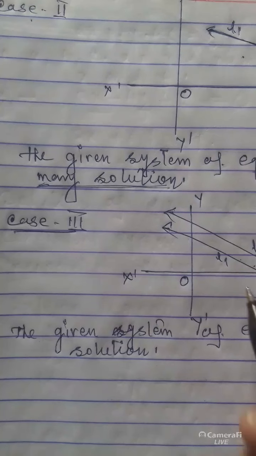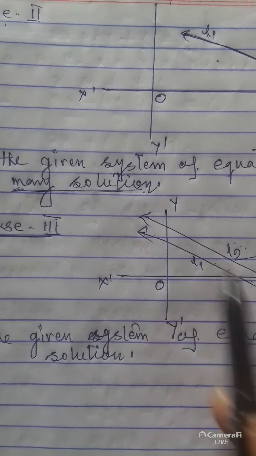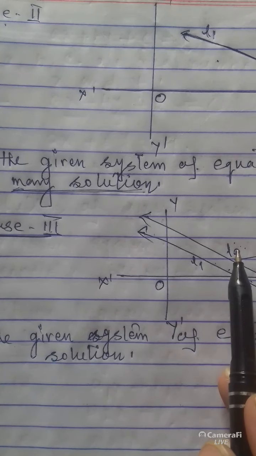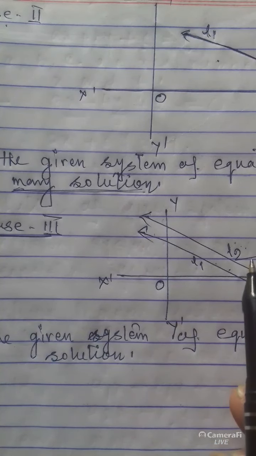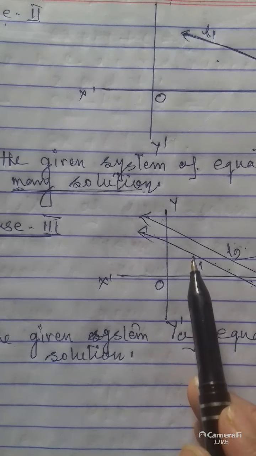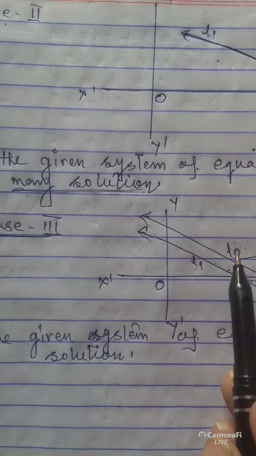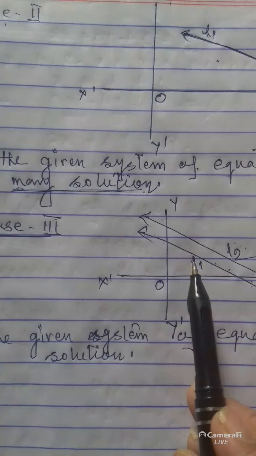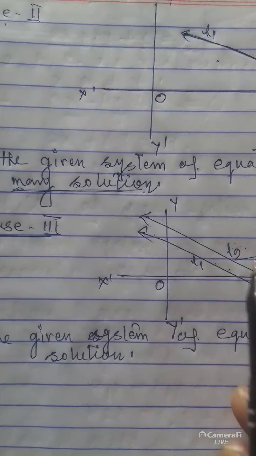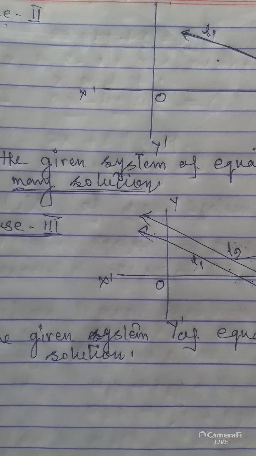If two graph lines are parallel to each other, let L1 be one graph line from equation 1 and L2 be one graph line from equation 2, in a pair of linear equations. So L1 and L2 are parallel to each other. Then we can say the given system of equations has no solution.